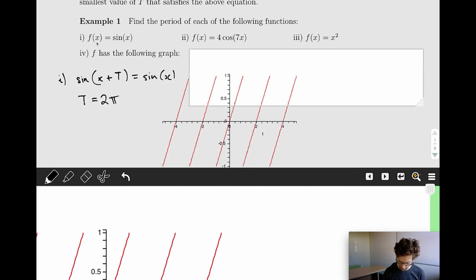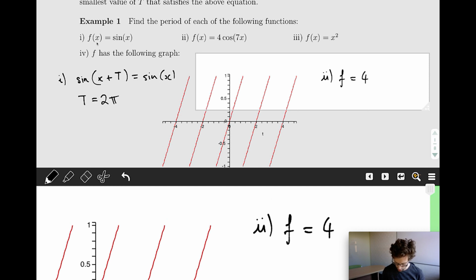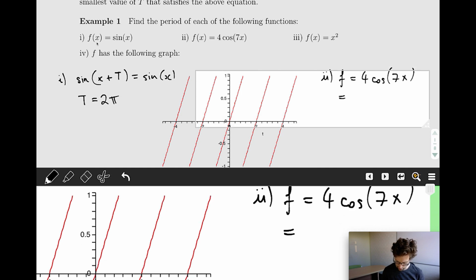Let's take a look at another example, example 2. We've got here a function 4 cos(7x). So what we're going to ask is, what is the value of T such that 4 cos(7x) is equal to 4 cos(7(x + T))?